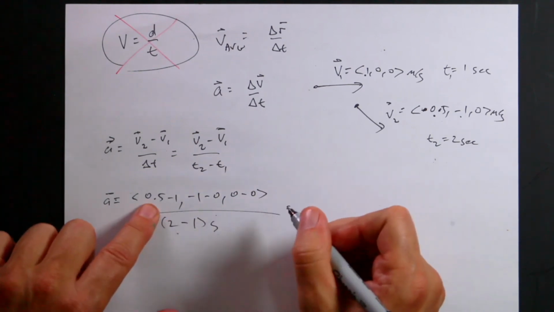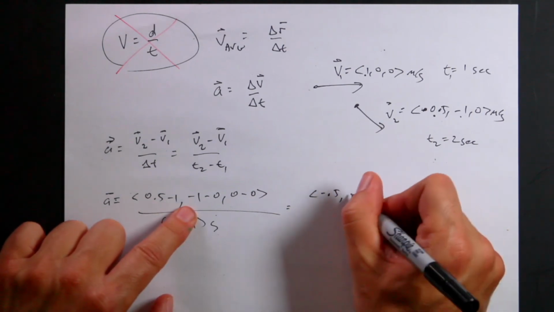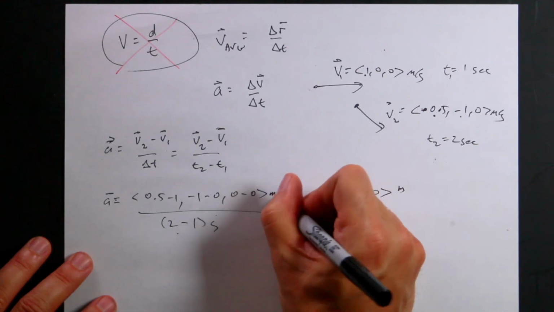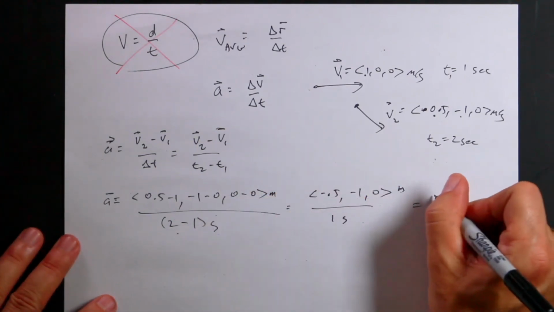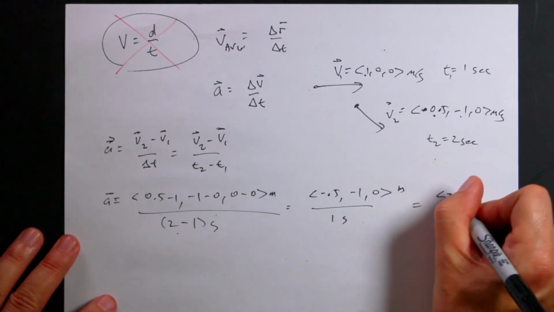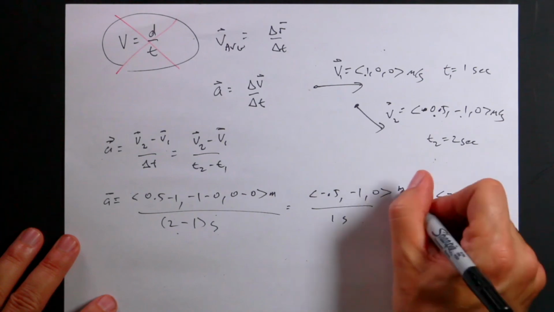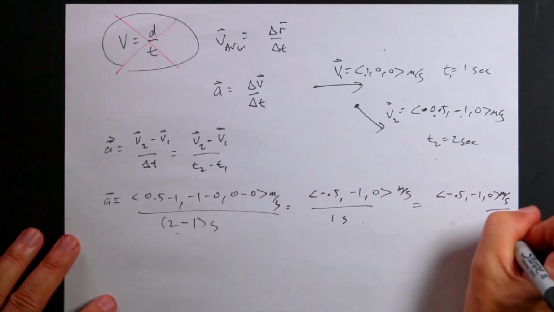So 0.5 minus 1 is going to be negative 0.5, negative 1, 0, meters divided by 1 second. So now I get negative 0.5, negative 1, 0. Oh, this is meters per second. Meters per second per second.